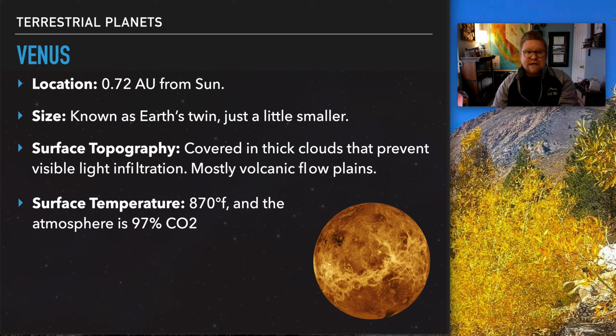The surface temperature is 870 degrees Fahrenheit, mostly because it's still made of volcanic plains, and the atmosphere is about 97% carbon dioxide. We know that the more carbon dioxide you have in your atmosphere, the warmer it will be, because it's a greenhouse gas and traps that radiation in. So that also contributes to its heat.